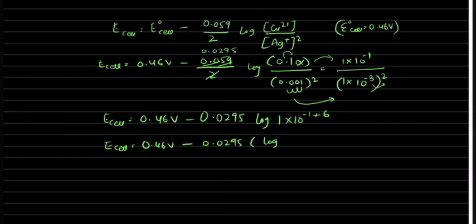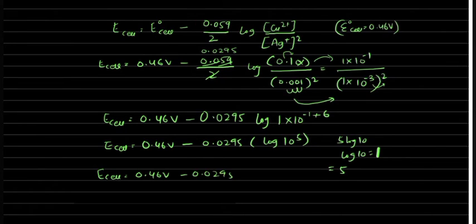Now 10 raised to power 5 is there. It will become ultimately 5 log 10. Log 10 is equal to 1, so it will become 5. So now E cell is equal to 0.46 volt minus 0.0295 into 5.